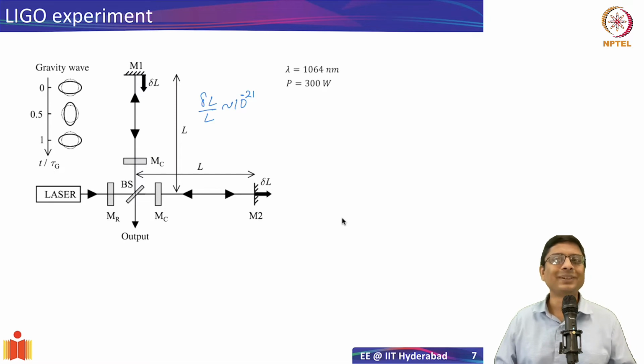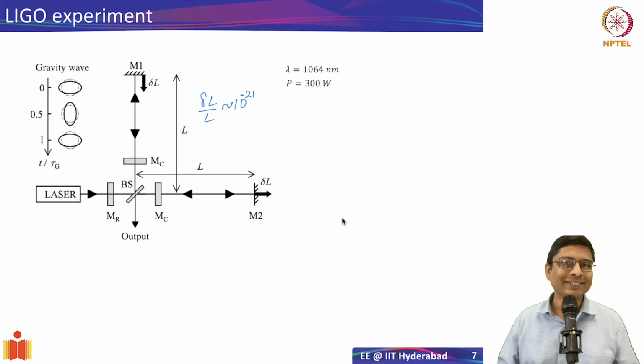That means it's less than an attometer. An attometer is 10 power minus 18. I don't even know what 10 power minus 21 is. So this is a very, very tiny fluctuation.